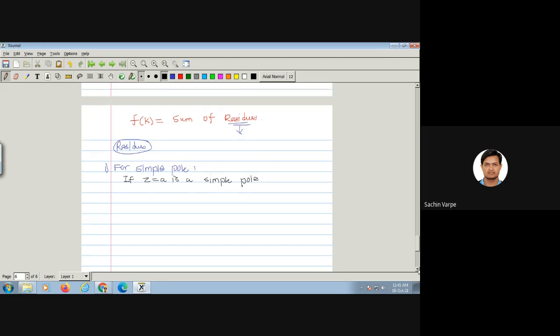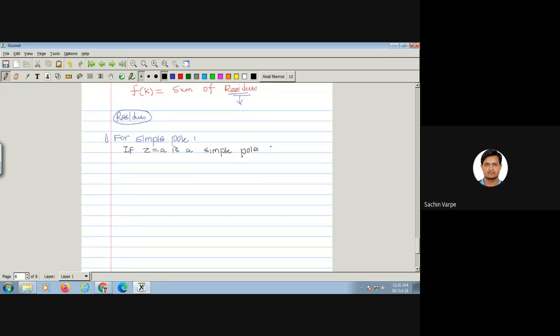Then the residue at z equal to A, let me denote it by R, R is for residue.